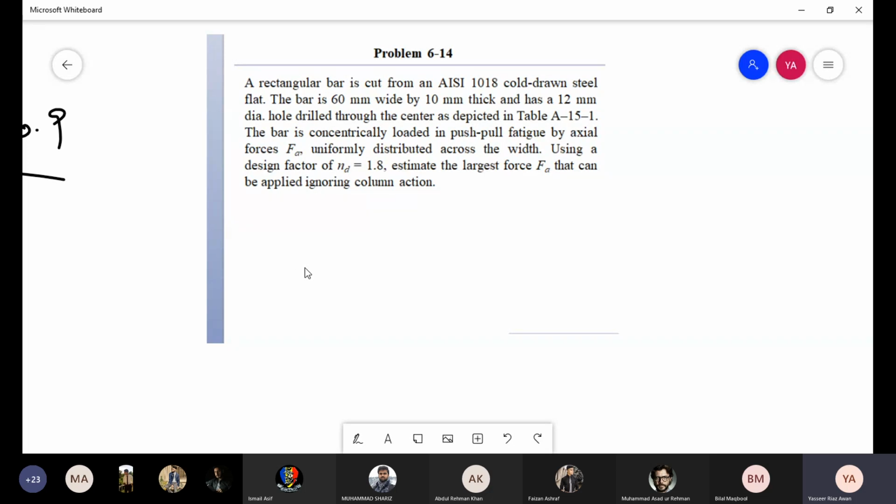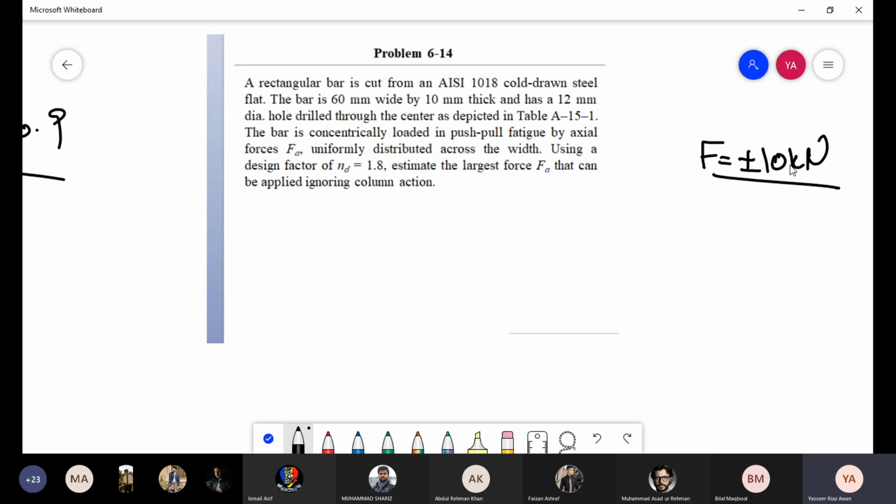All of the discussion that we had about the stress-life method, the endurance limit and the modifying factors is applicable directly to cases where the load is fully reversed. So, for example, a load of 10 kilonewton means the load is plus minus 10 kilonewton, or a moment is plus minus 10 newton meter.